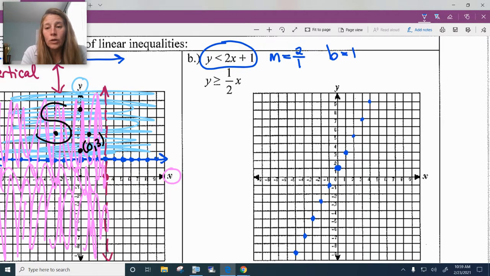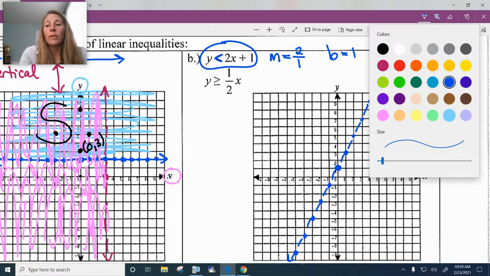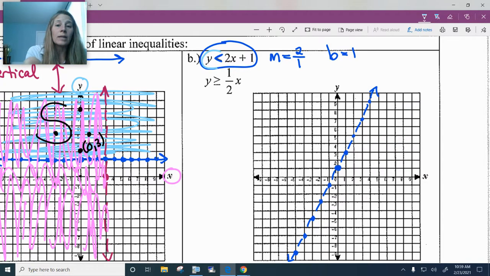Now, before I just go ahead and draw a line through my points, I need to check that inequality sign. I'm noticing that this inequality sign does not have the little bar or line underneath, so I know I'm going to be doing a dashed line because it's just a boundary line, but none of these points are actually solutions, so we're just using it as a cutoff. So now to do my shading, since y is less, because this direction of an inequality sign means less than.